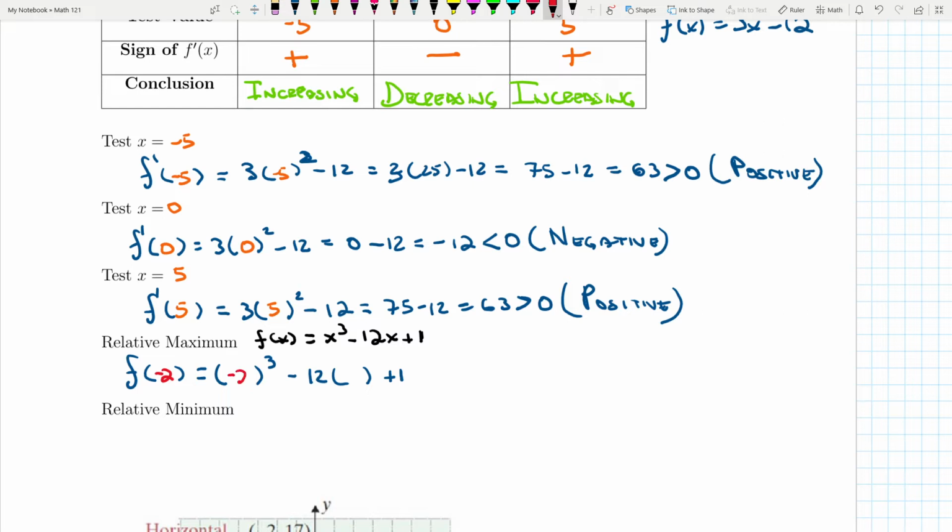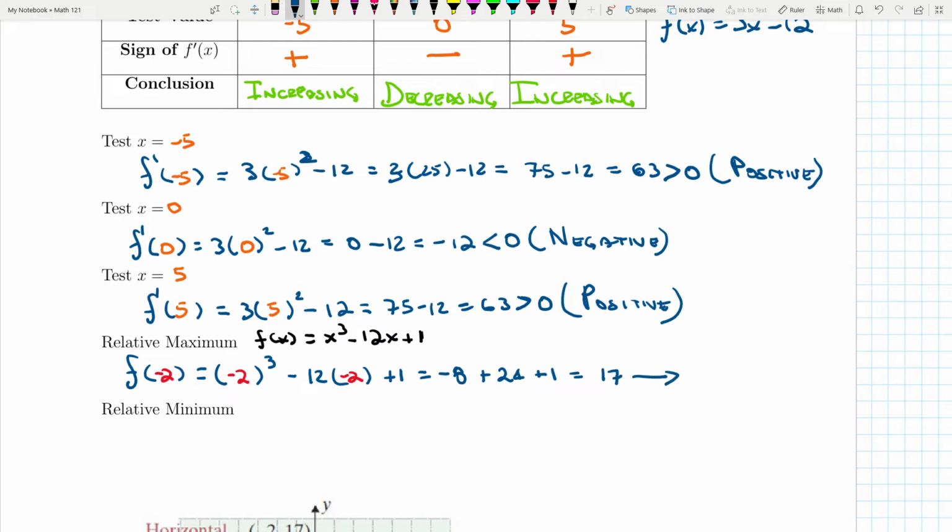That's -2 cubed minus 12 times -2. That's going to give us, using a calculator, -8. And 12 times 2, that's 24. Negative times a negative is positive, and plus 1. So 24 minus 8 is 16, 16 plus 1 equals 17.